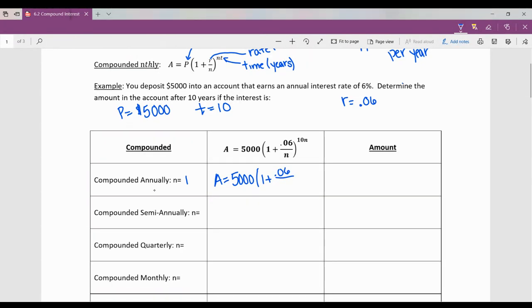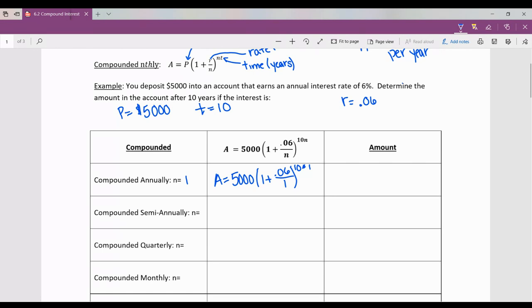If it's compounded annually, n is 1, raised to the 10 times 1. We'll talk about calculating that in a little bit, but right now we're just going to fill in those values.